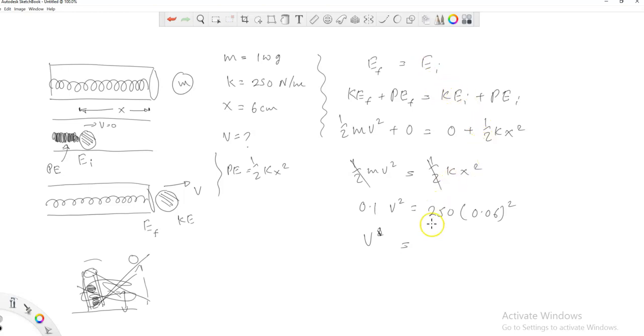The velocity comes out to be 9.48 meters per second. Okay, so we used energy conservation. We applied that energy conservation principle to find this final speed.